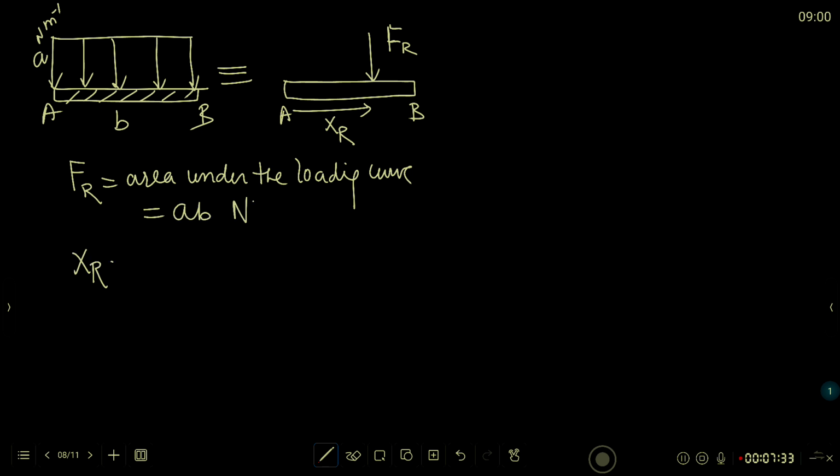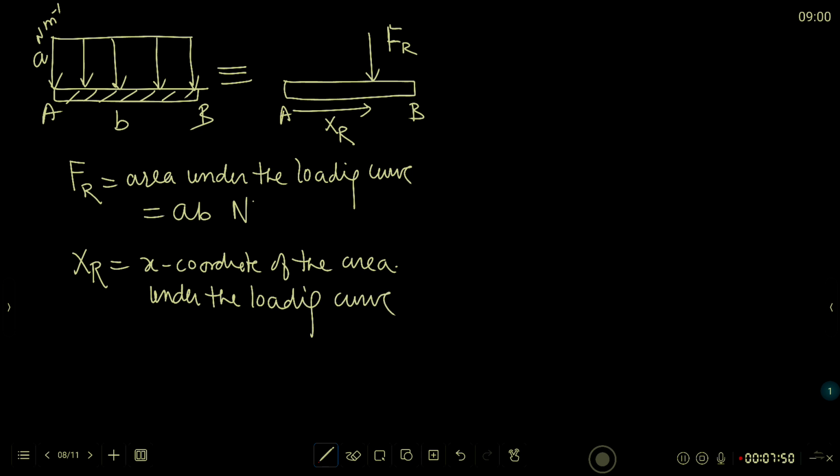And what would be XR? XR would be the x coordinate of the centroid of the area under the loading curve. And since the area is simply a rectangle, its centroid should be here, and the x coordinate of that will be B by 2. So you need to put that single force at XR equal to B by 2. Okay.